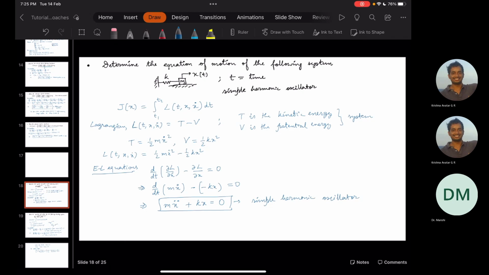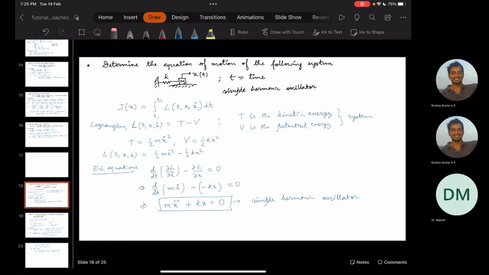This is a problem, as I had mentioned in the previous tutorial session, in structural dynamics. The schematic here shows a mass m attached to a spring, which is further attached to a fixed wall, and this mass m is placed on a frictionless surface.